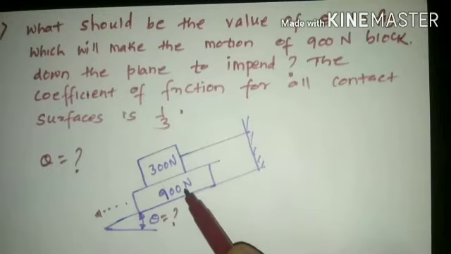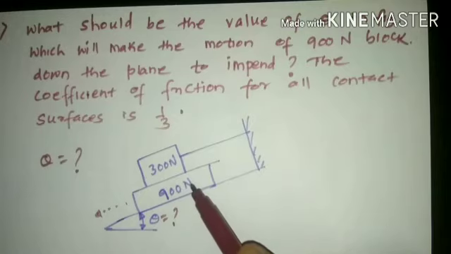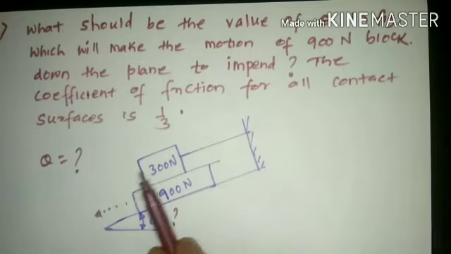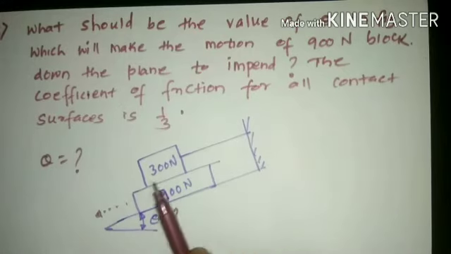Since the 900 Newton block is unsupported, not connected by a string or any external force, on its own weight it will try to slide down the plane. So we need to adjust things such that this 900 Newton block does not slide down the plane.